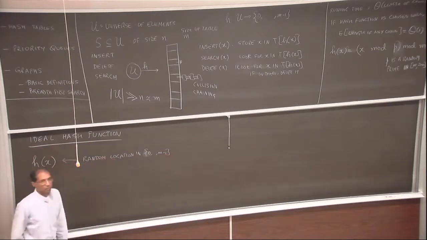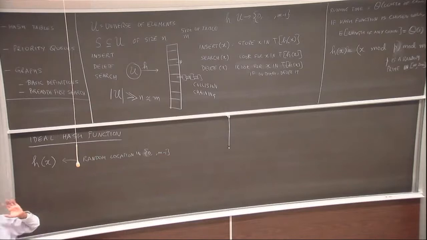For every single element, at the beginning itself, it chooses a random location in 0 to n-1 and places it there.